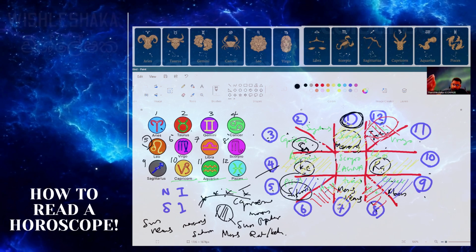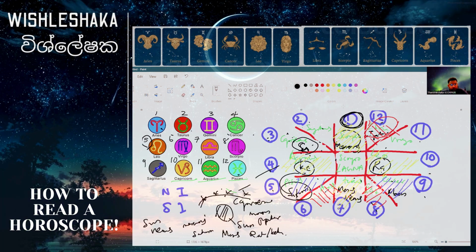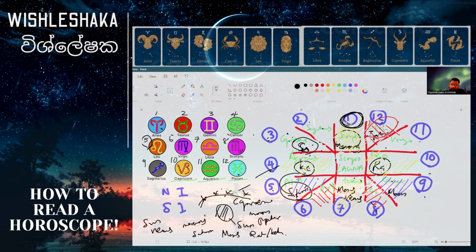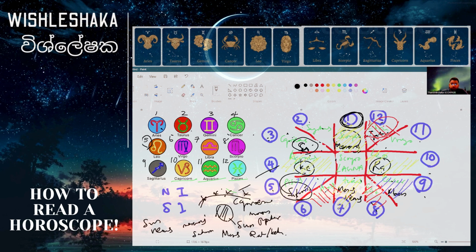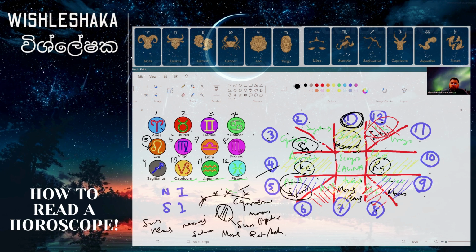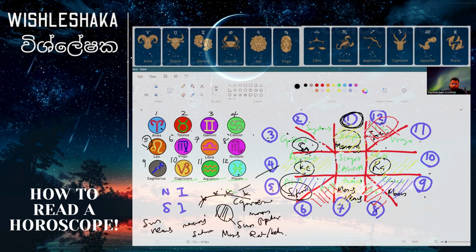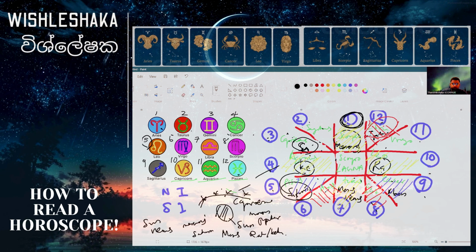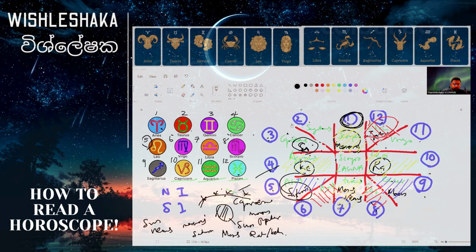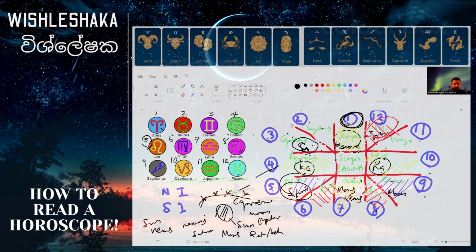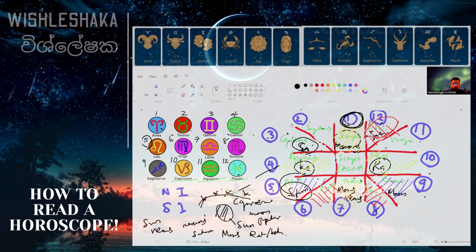If Venus comes on the first house, or even Moon, those individuals are beautiful. Especially Venus. Venus makes someone beautiful. Angelina Jolie, in her horoscope she has Venus on the first house. Let me show you. Angelina Jolie's Vedic chart. If we go through her Vedic chart, look at this chart.